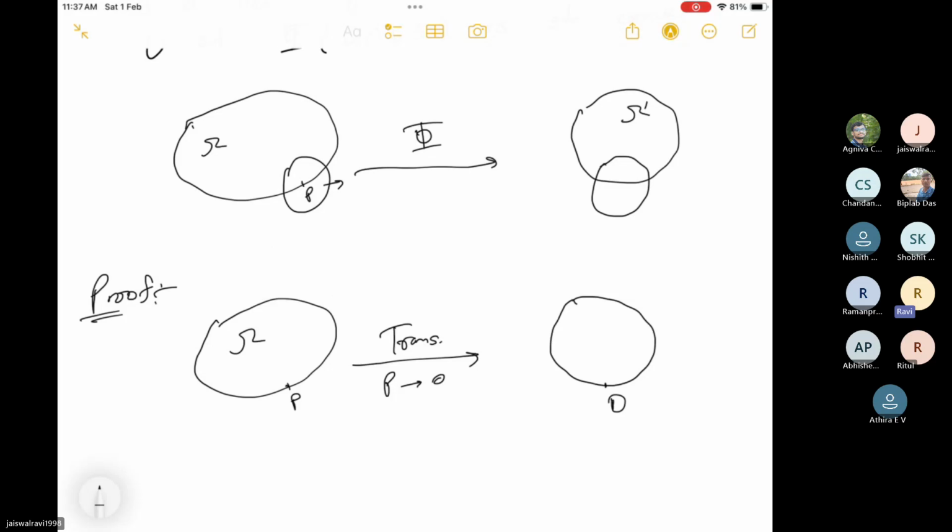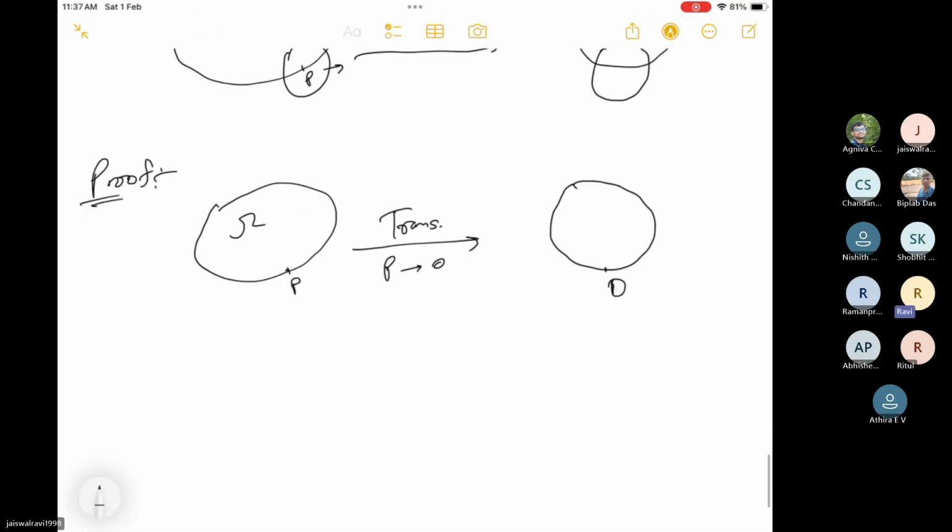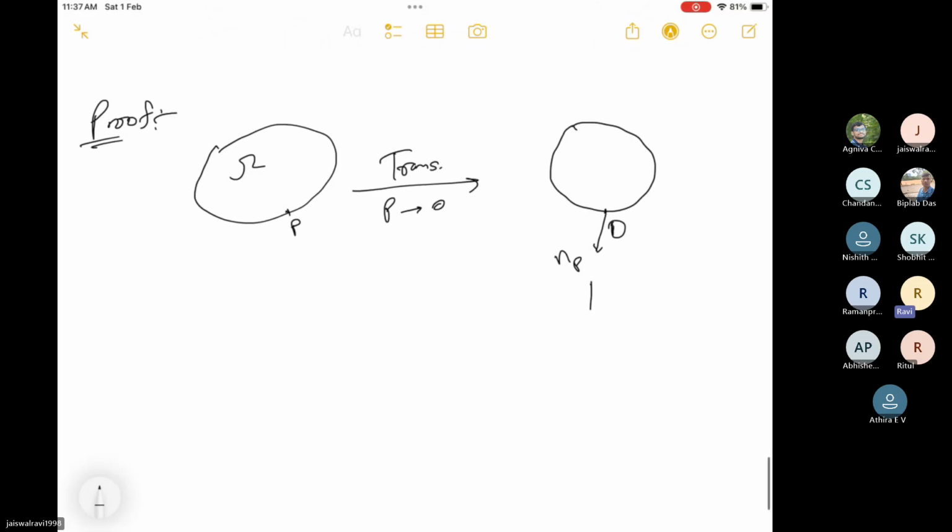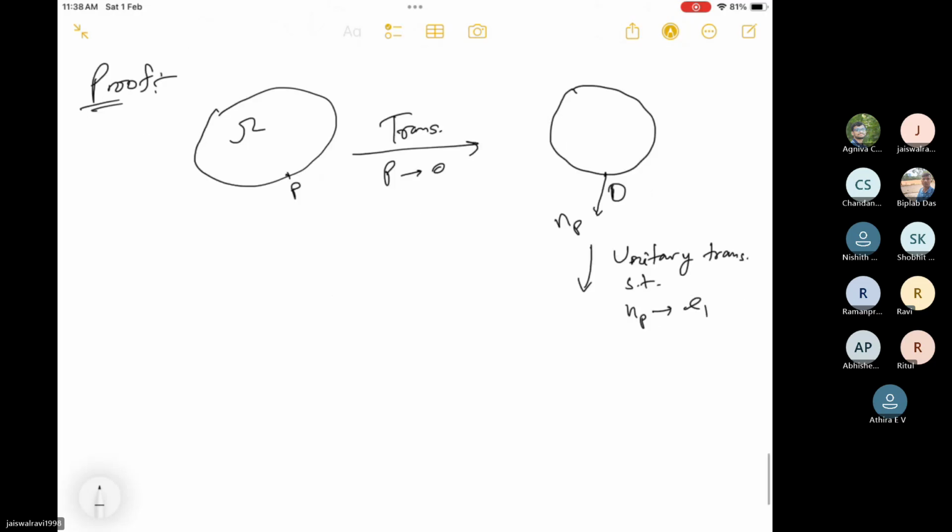Because translation is a kind of biholomorphism, if omega is strongly pseudoconvex, this new domain is also strongly pseudoconvex. Say this is the normal N of P. Now we will choose some unitary transformation such that this NP will go to E1, which means (1,0,...,0).